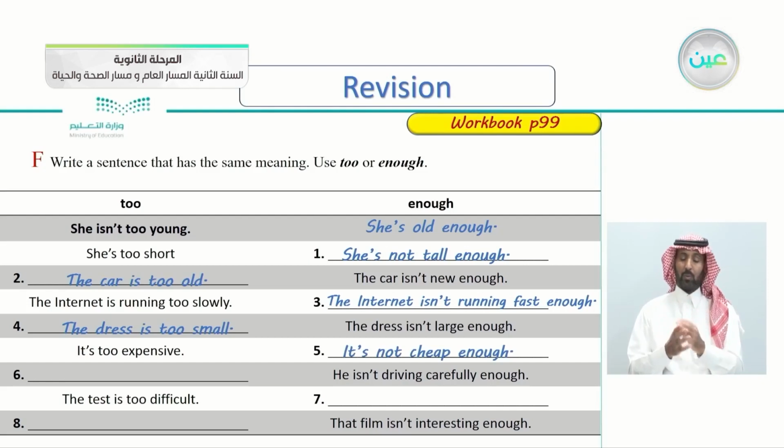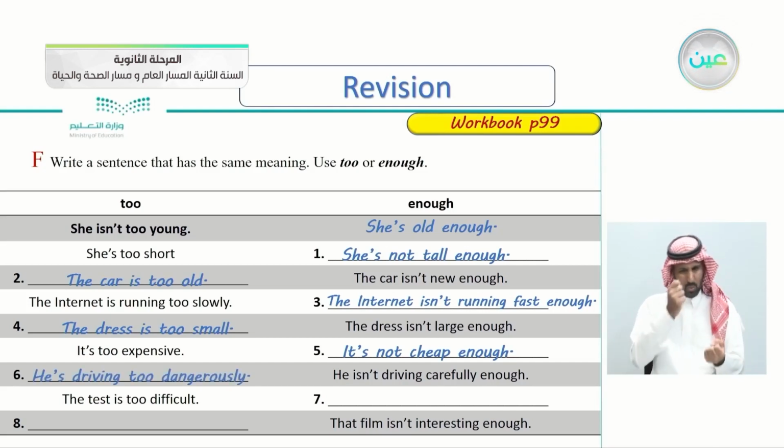Number 6, he isn't driving carefully enough. So how do we use too here? Yes, he's driving too dangerously or too recklessly. The test, number 7, is too difficult.